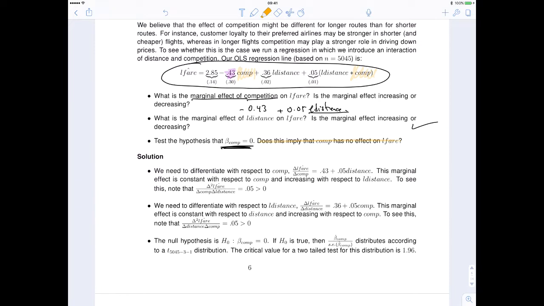So competition is affecting L fares through this and through this. So the only way that you can say that competition has no effect on fares is if both of those two coefficients were jointly equal to 0. If they're not jointly equal to 0, then you're in trouble.